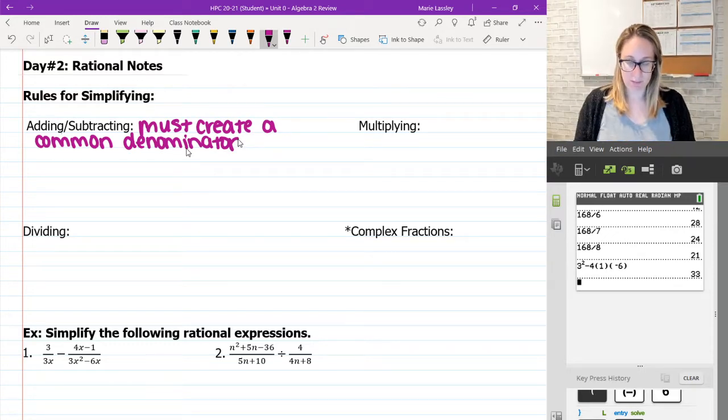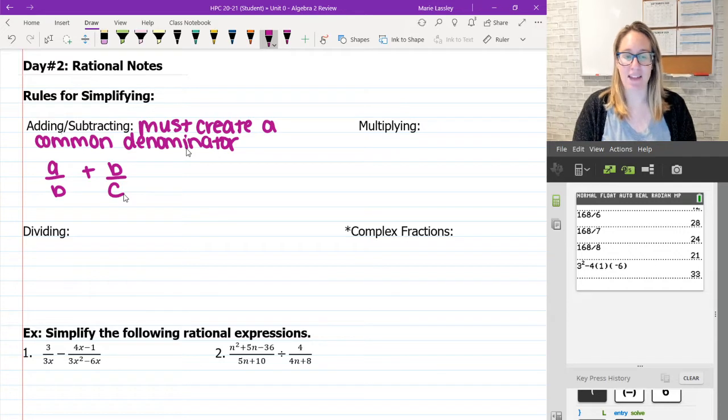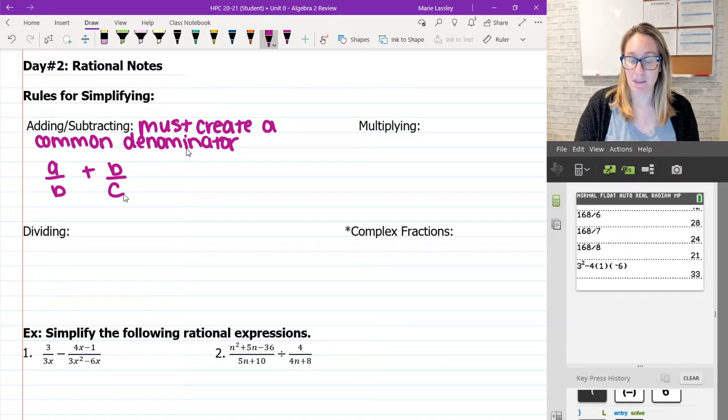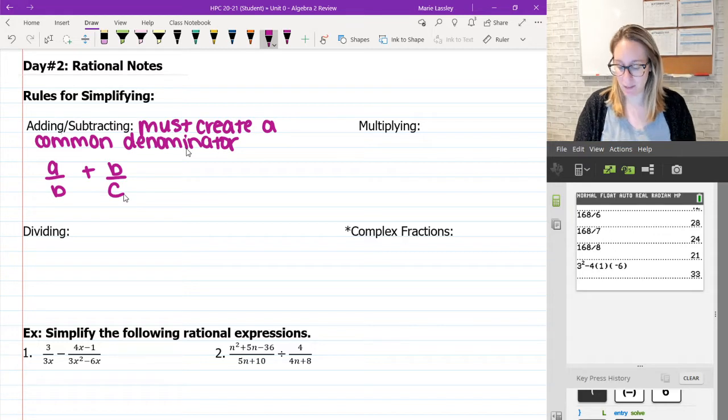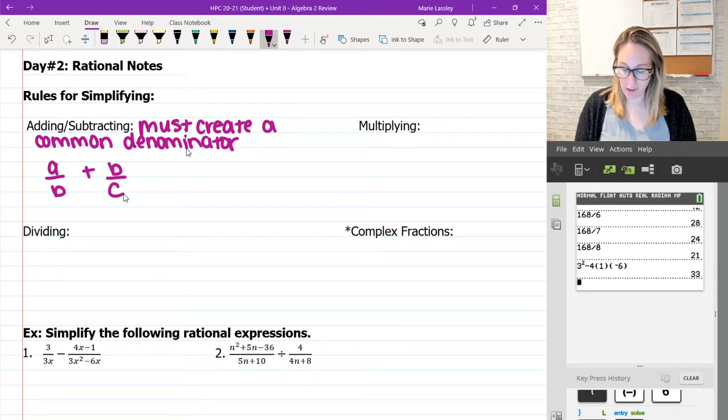If you have something like this, two fractions, and you want to add them together, you have to make sure the bottoms of these fractions are the same. That means you're going to have to multiply one fraction by something so that it has the same denominator as the bottom one. And the rule for multiplying is if you're on the same side of an equation, you are allowed to multiply by 1. So when we have fractions like this, we do it by multiplying by the same thing on top and bottom.